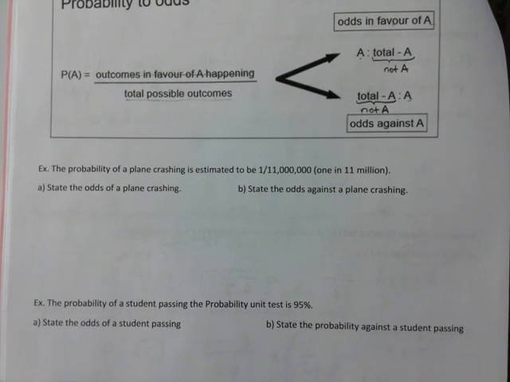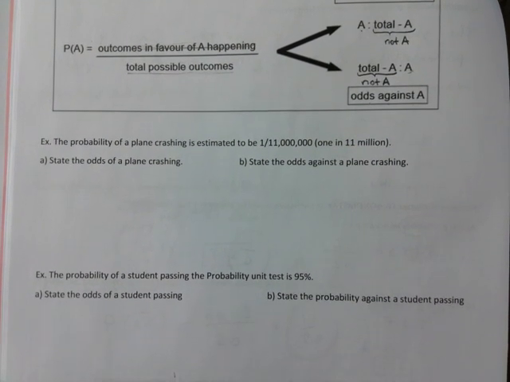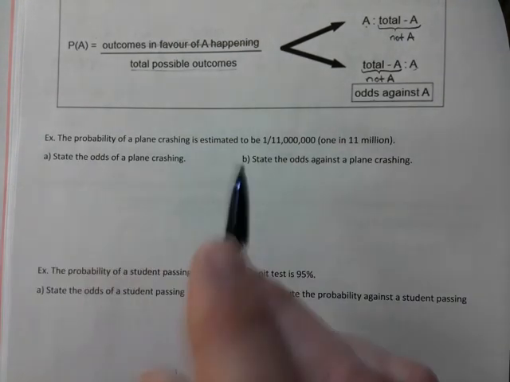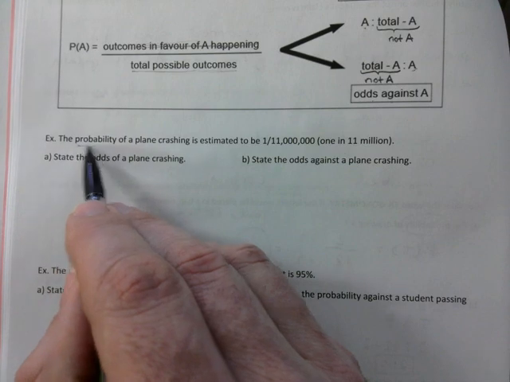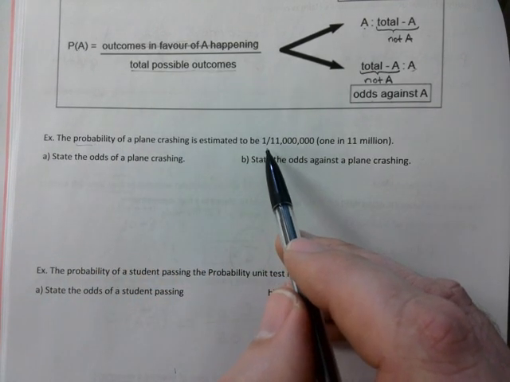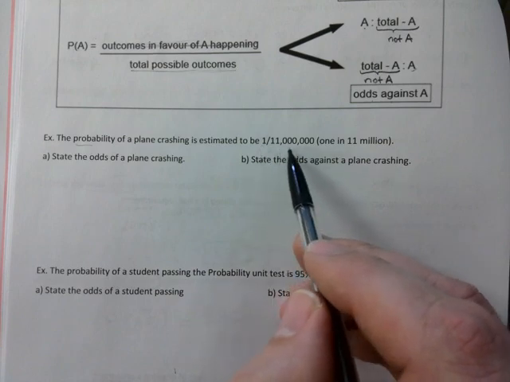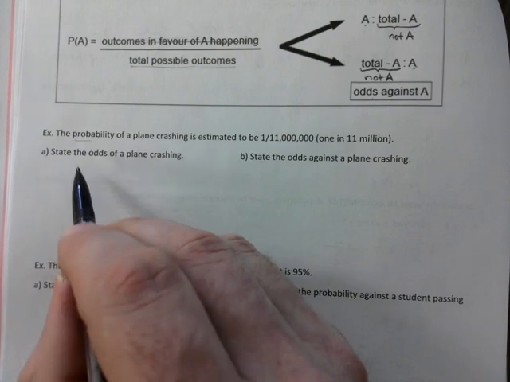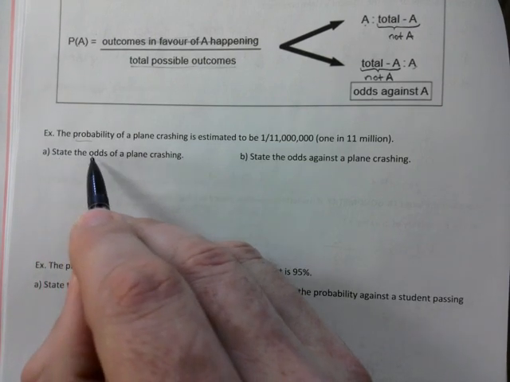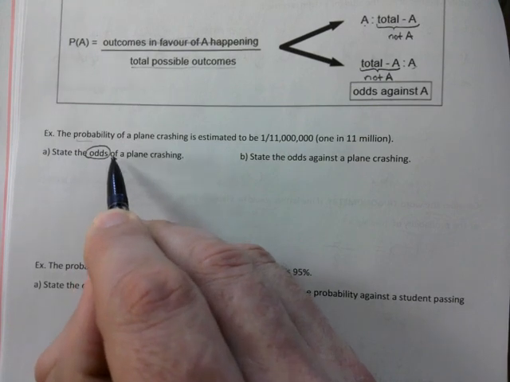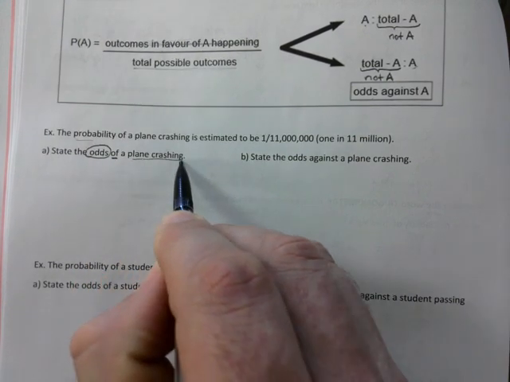Okay, let's keep going. Let's use what we've just discussed to answer the following. The probability of a plane crashing is estimated to be 1 in 11 million flights. It says here, state the odds in favor of a plane crashing.